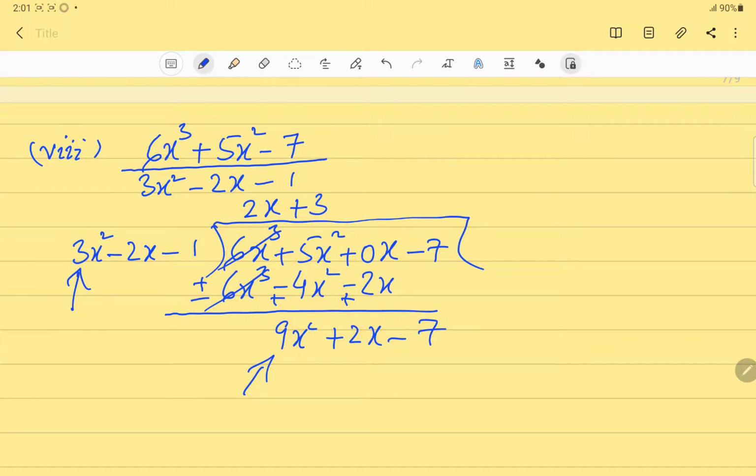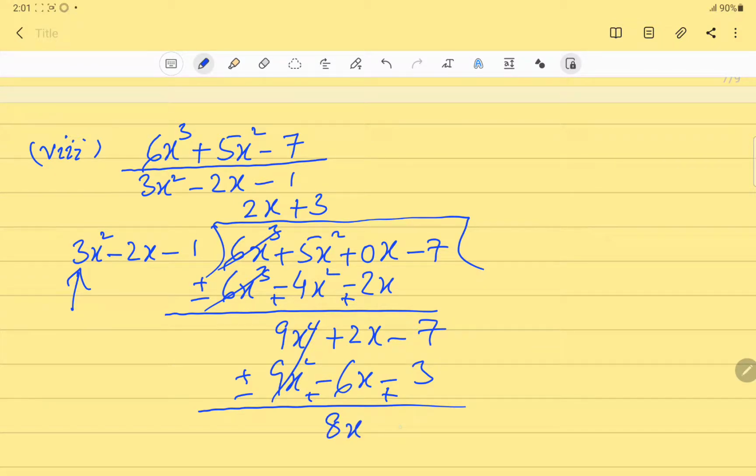Let's multiply this 3 with 3x squared, we will get 9x squared. We will multiply 3 with minus 2x also, so it will give us minus 6x, and then 3 will be multiplied with minus 1, which will give us minus 3. Now we will subtract, so all the signs will again change. 9x squared will cancel with minus 9x squared. 2x plus 6x is 8x. Minus 7 plus 3 will give us minus 4.